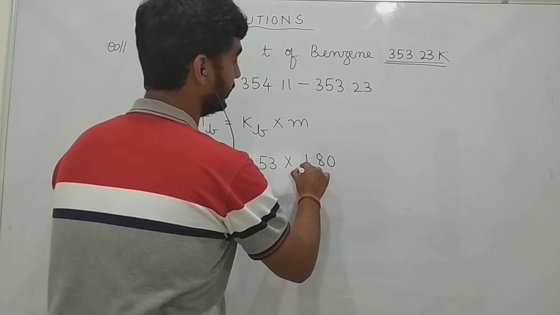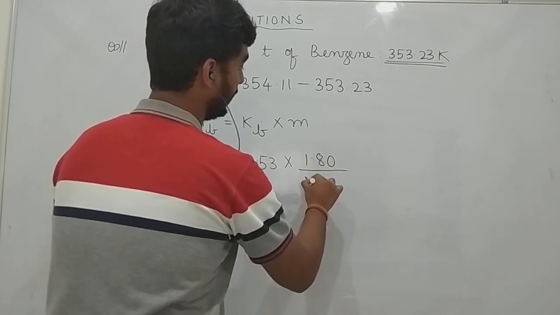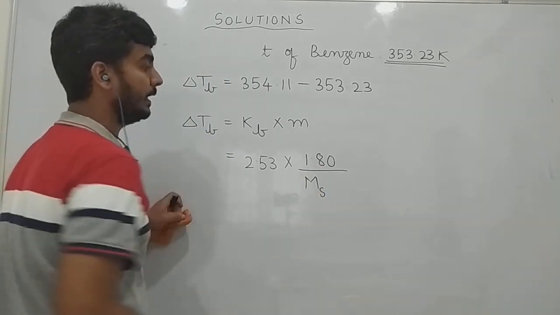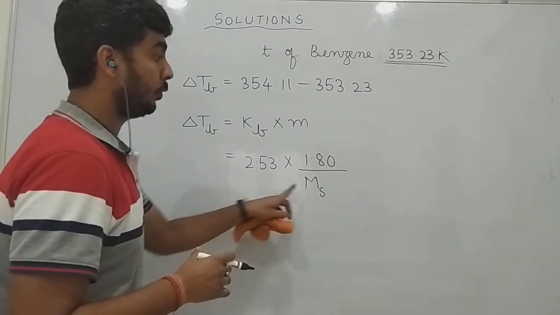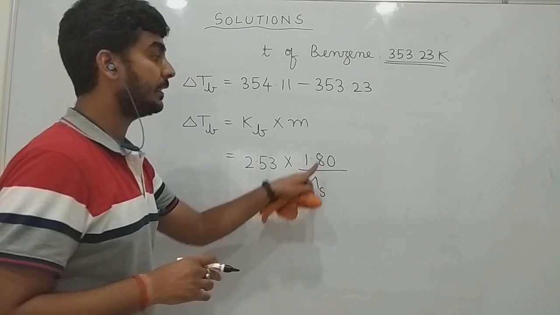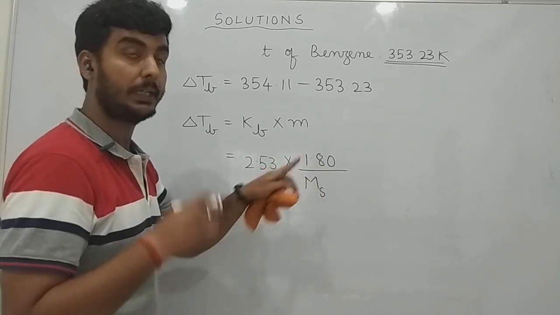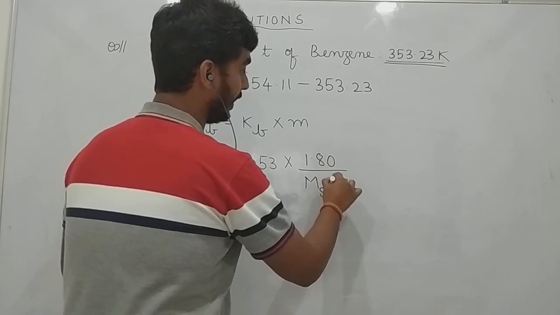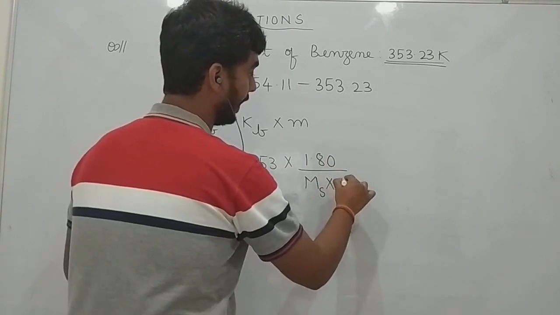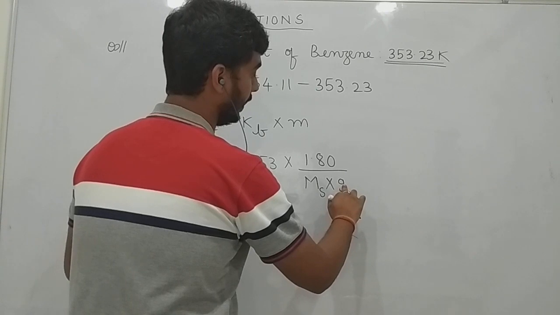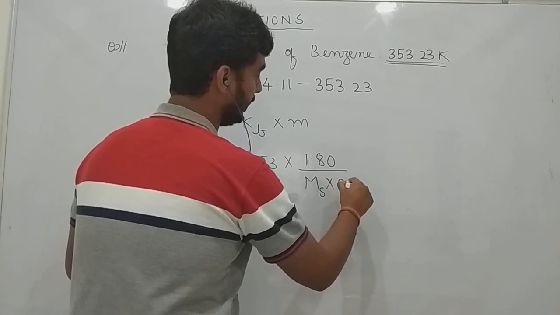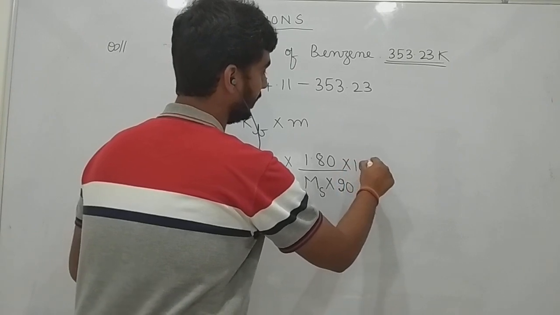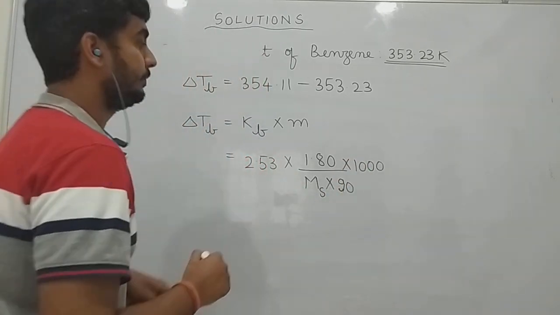So given mass divided by the molecular mass of solute, let it be denoted as ms, to get number of moles of solute. Then we will divide this by the mass of solvent in kg. Mass of solvent is 90 gram, so this 90 gram will be divided by 1000.